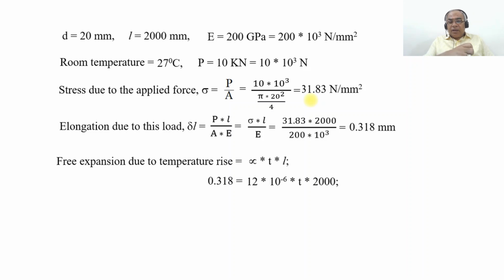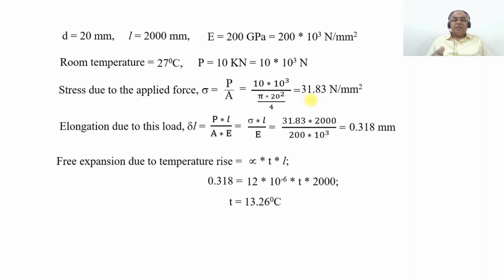So for an elongation of 0.318, how much temperature is required? That is 0.318 equals 12 into 10 to the power of minus 6 into T into 2000. So the temperature required is 13.26 degrees centigrade.